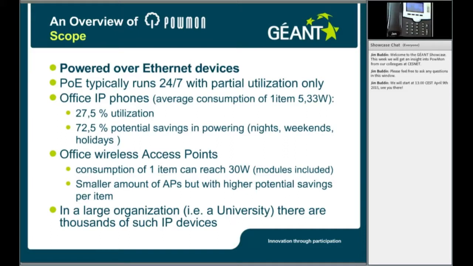Another thing is that there are also office wireless access points which are also not utilized, for example at nights and weekends and so on in some organizations. Altogether, it means there is a large space for savings.